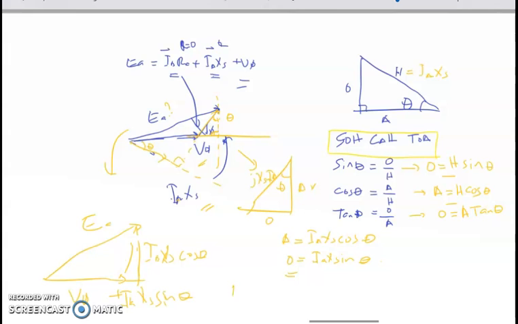So EA squared, trigonometry for this triangle, is equal to V phase magnitude plus IA XS sine theta squared, plus IA XS cos theta squared.